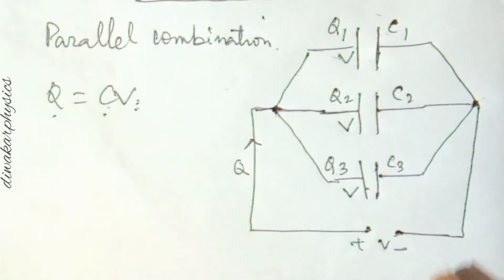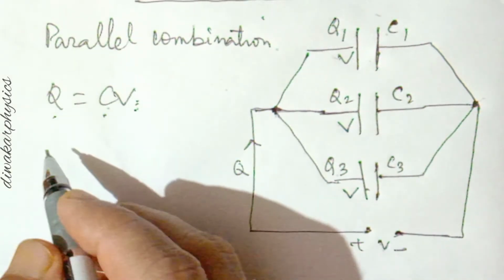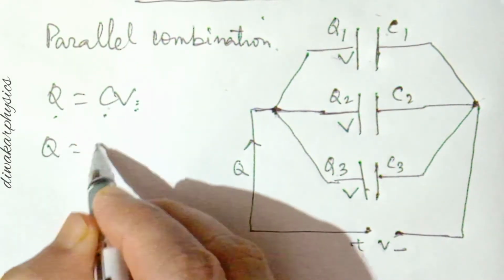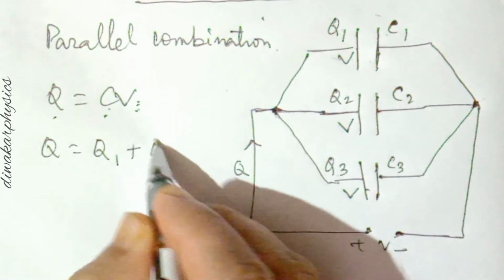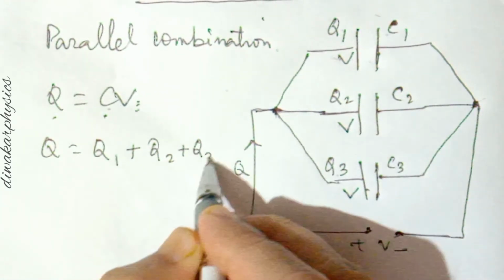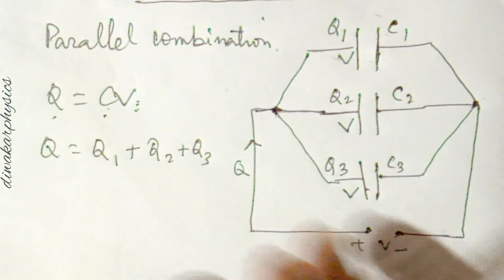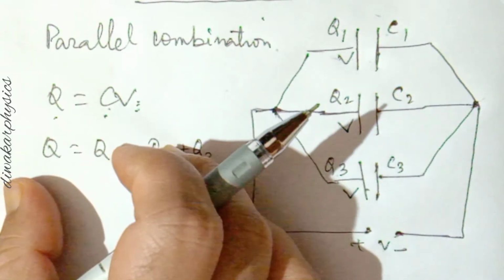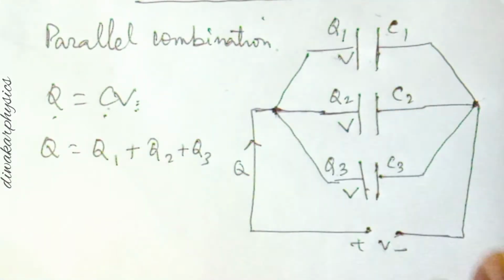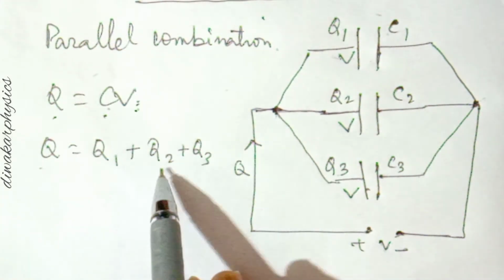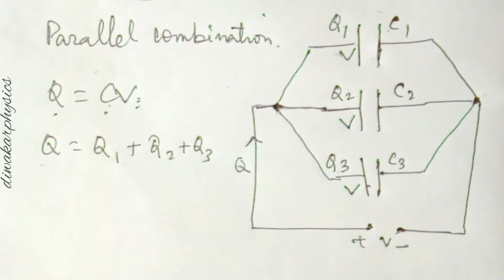So in this case Q is equal to Q1 plus Q2 plus Q3. Here the Q's are different, so we'll add them. In the series, Q is the same, V is different, so V is equal to V1 plus V2 plus V3. So learn this starting point, then it will be easy to derive.